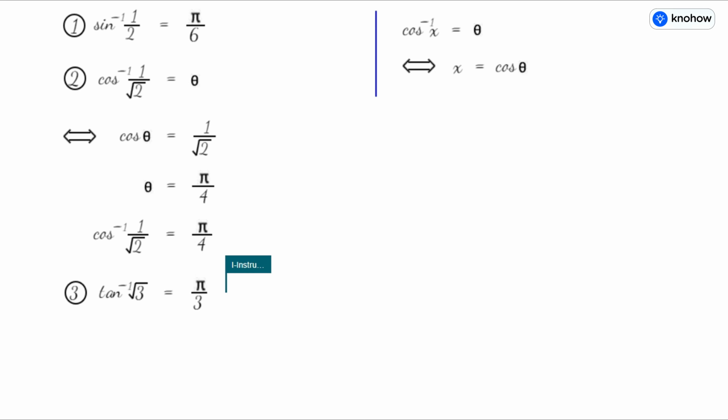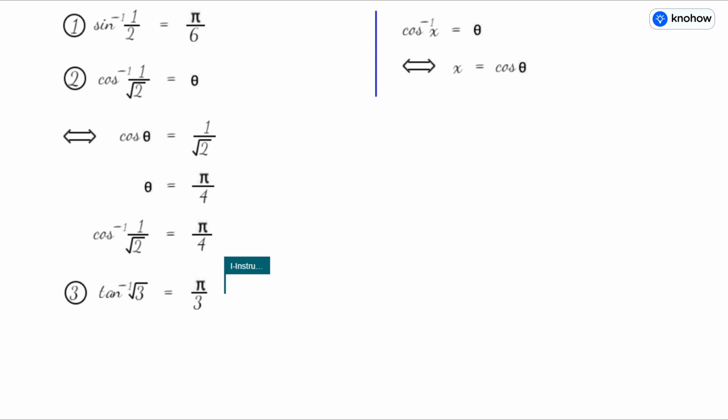So tan inverse √3 is pi/3, because tan pi/3 is √3. That's how I have introduced you to the new functions, sine inverse x, cos inverse x, tan inverse x, and likewise the remaining three, sec inverse, cosec inverse, cot inverse, may be defined. I have taken a few examples here.